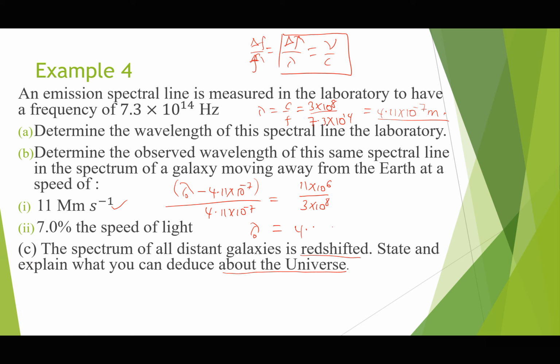So it is 4.26 times 10 to the power of minus 7 meters. So that is the observed wavelength. Note that in this bracket I was getting delta lambda, the change in wavelength, which is the observed wavelength from a distant galaxy minus the wavelength in the laboratory. That's what I've done there.